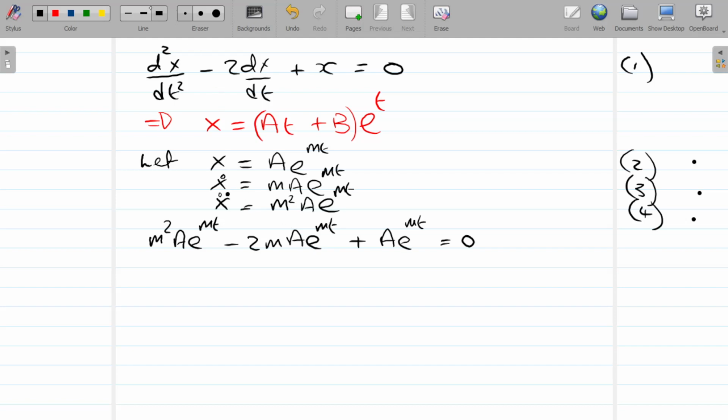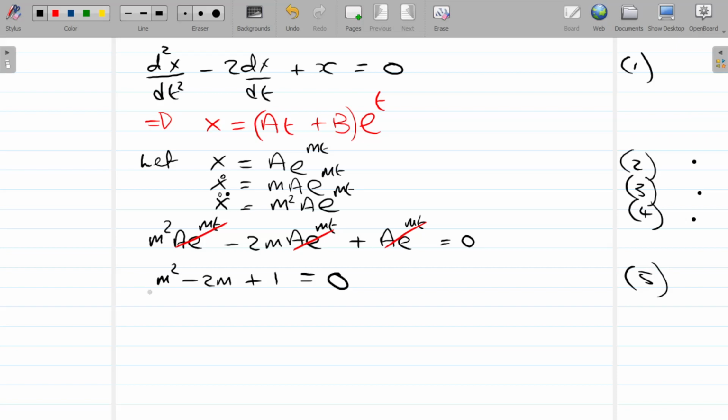Now, straight away you should be able to see that the a e to the mt's just cancel, and what is left is m squared minus 2m plus 1 equal to 0. We'll call this equation 5.